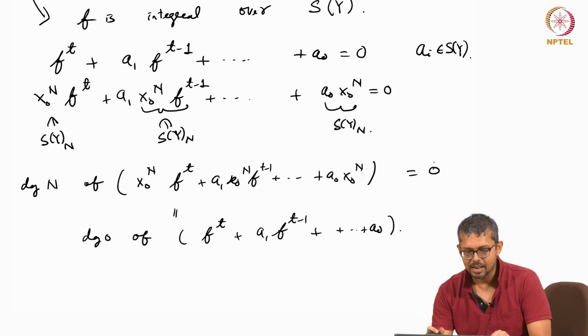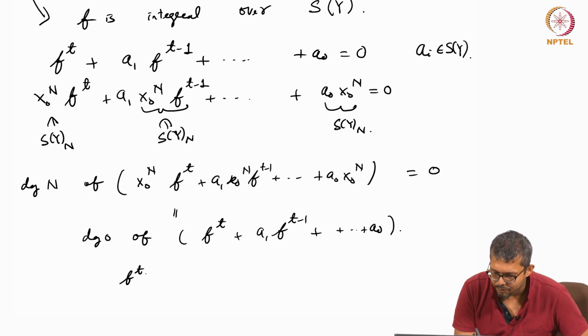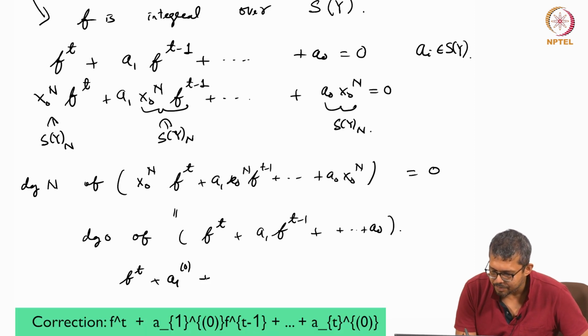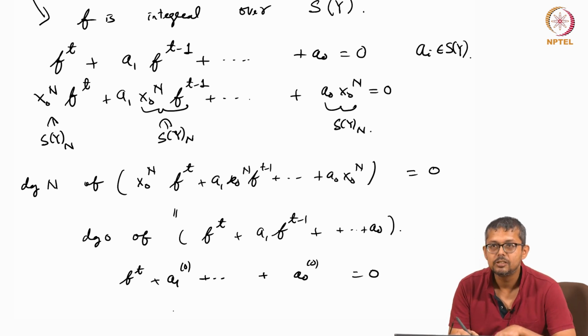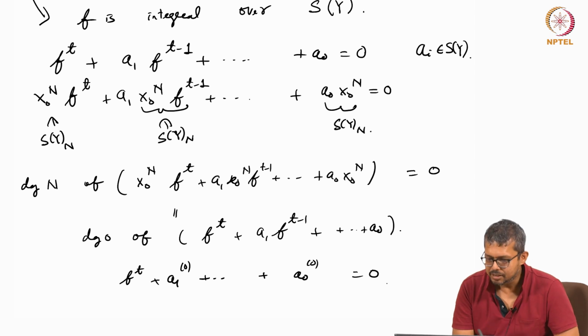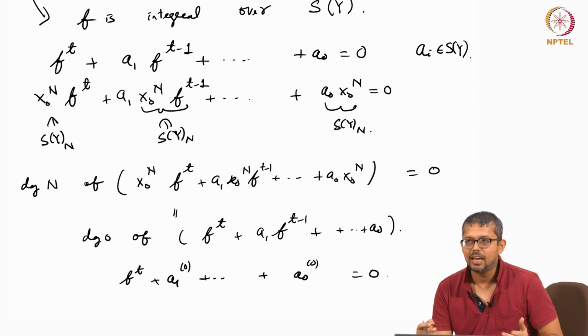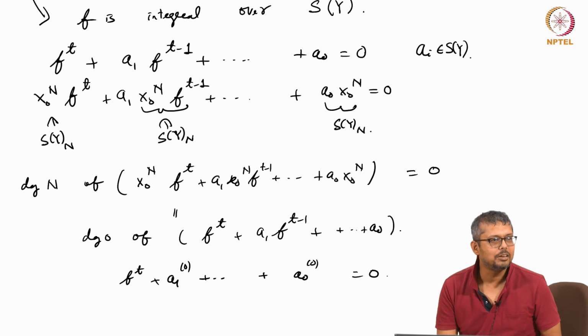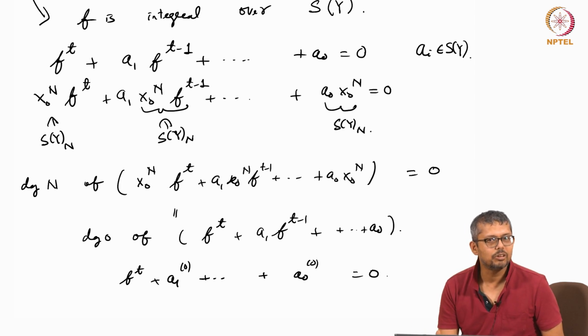Degree 0 corresponds to the constants, so this is f power t plus a1 of 0 plus a naught of 0 equal to 0. So that means f satisfies a polynomial over k, but k is algebraically closed. So f has to be in k.